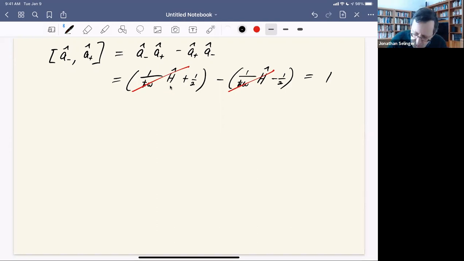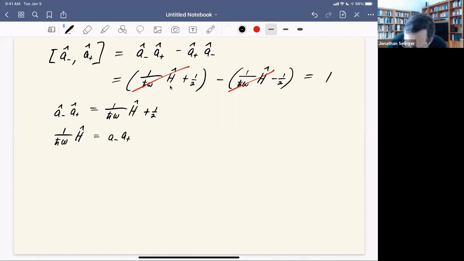Because a minus a plus is equal to 1 over h bar omega times the Hamiltonian plus a half, we can rearrange terms to get an expression for the Hamiltonian.